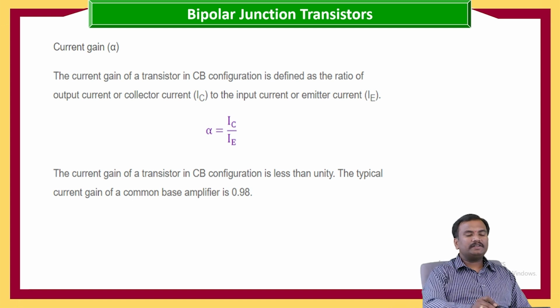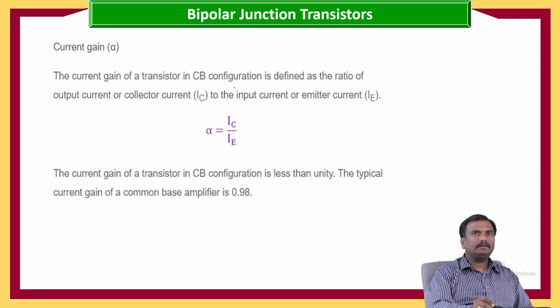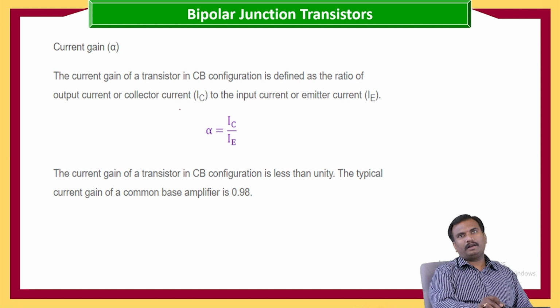And the next one is the current gain of the transistor in common base configuration, which is defined as the ratio of output current or collector current to the input current or emitter current, where alpha equals IC by IE.